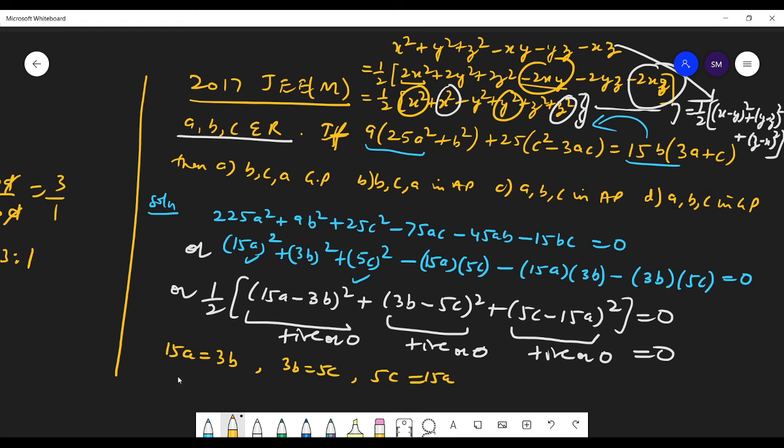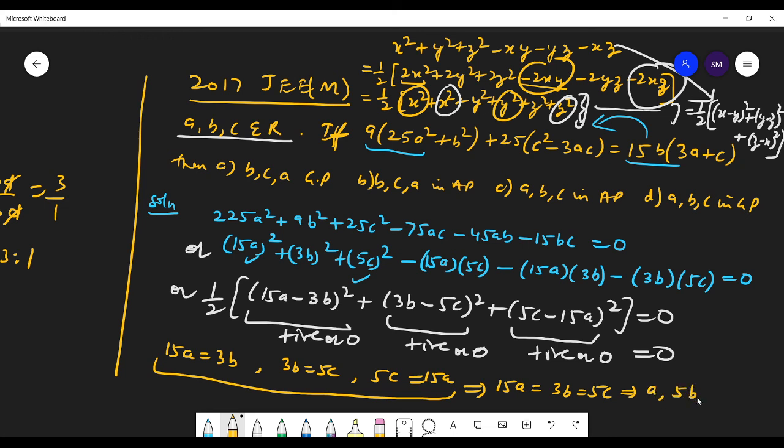So what do you get from here, students? It means they are same. It means 15A is equal to 3B equals to 5C. Yes or no? Yes, sir. So it means divide all sides by 15.